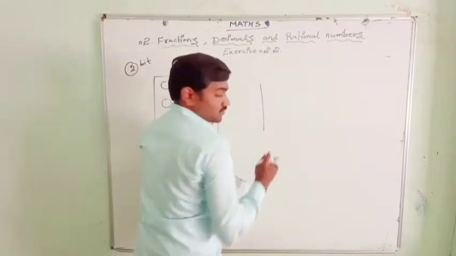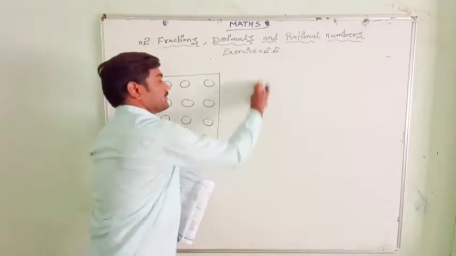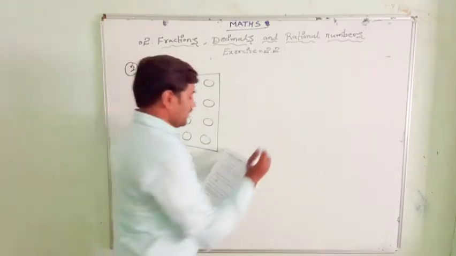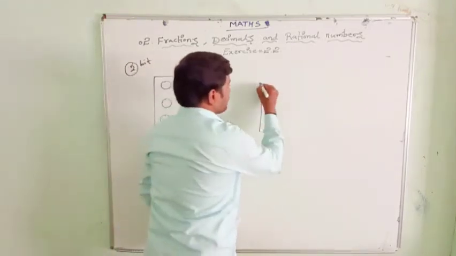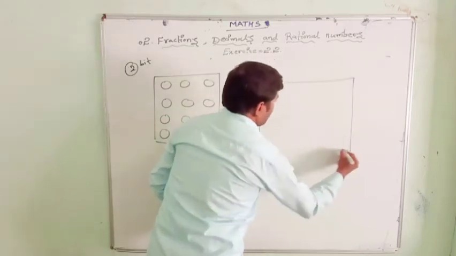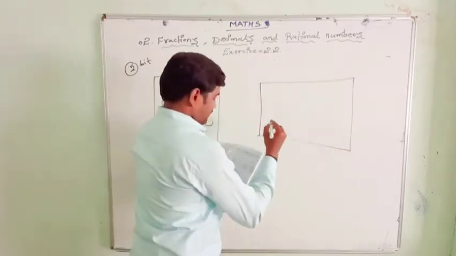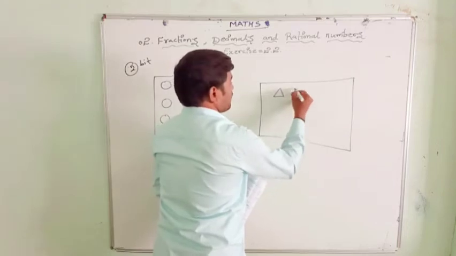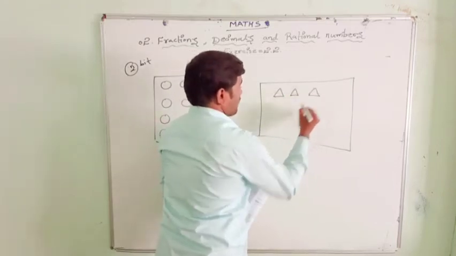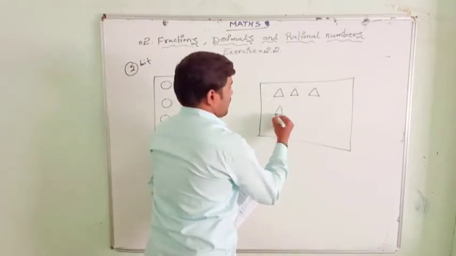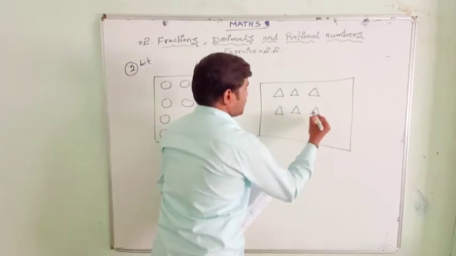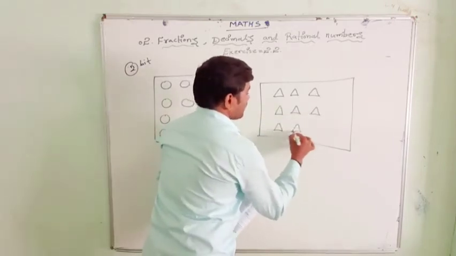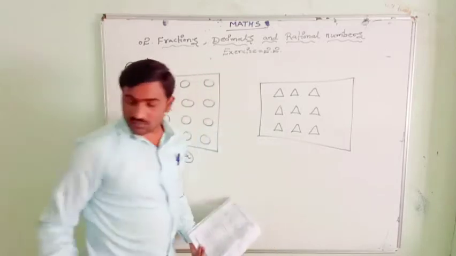Drawing this takes much time, but you can do it easily. This is the second question actually. There are 9 triangles in it.